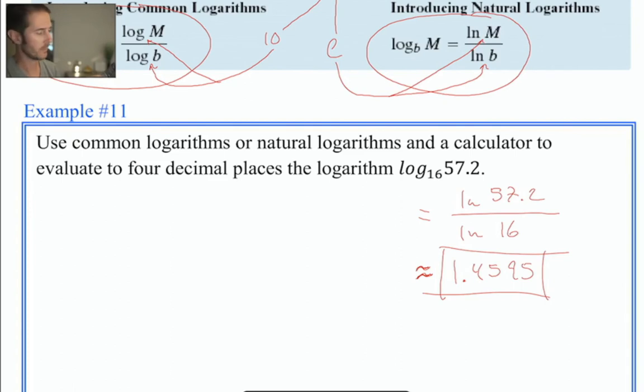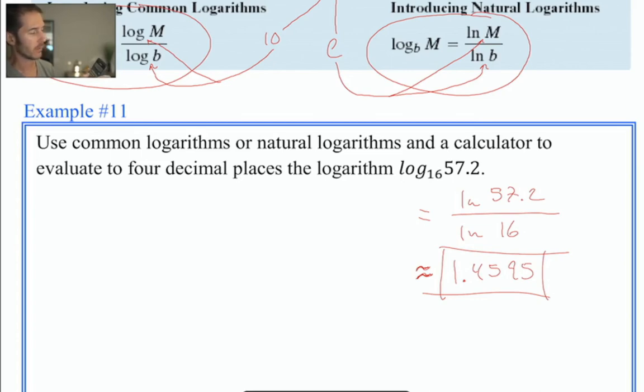Hit clear a couple of times to make sure you're starting with a good 0. I'm going to type 57.2 first. Then hit the natural log button. Then type 16 and hit the natural log button.